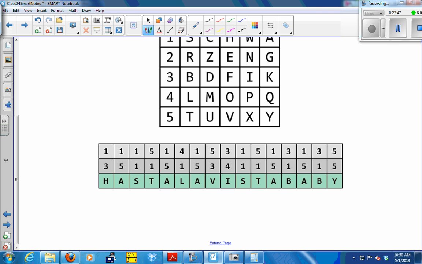The original message was SAW, right? When I encoded it, A gets encoded sometimes as A, sometimes as S, sometimes as V. So A doesn't always get encoded as the same letter. That makes this much more difficult to break than the substitution cipher.